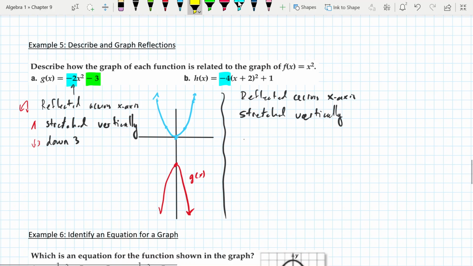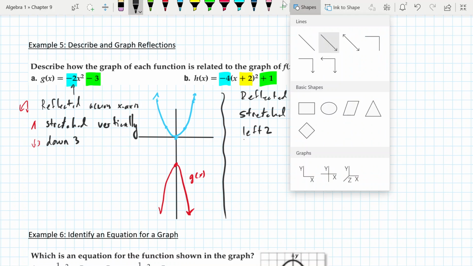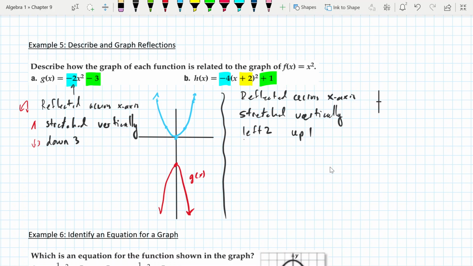And then looking at the inside, we have a +2, which means it's going to move left 2, because we do the opposite when it's inside the parentheses. +1 means up 1. So, what does my graph look like?